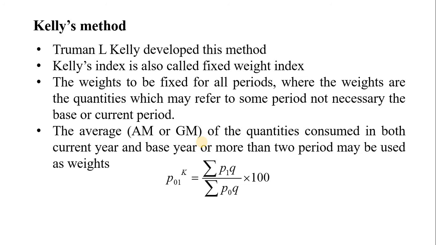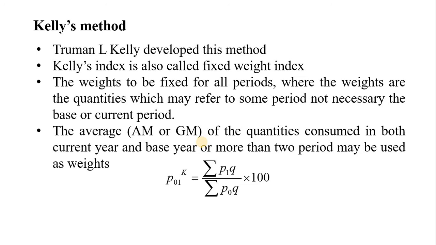The most crucial question is what the ideal weights should be. The main choice is that the weight should be the quantity purchased or the value of the purchase, quantities or values.